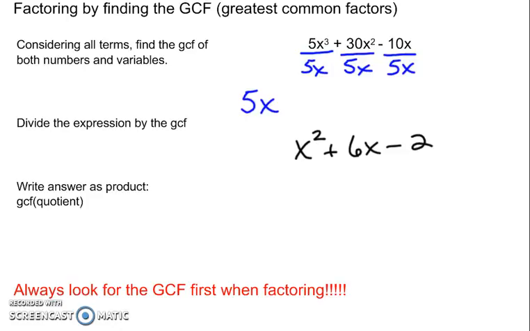So when we go to write our answer, it's going to be the GCF of 5x times x squared plus 6x minus 2. When factoring, you will always look for the GCF first. So each and every time you have a factoring problem, you will always look for the GCF first.